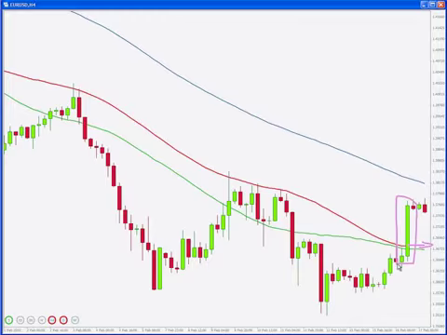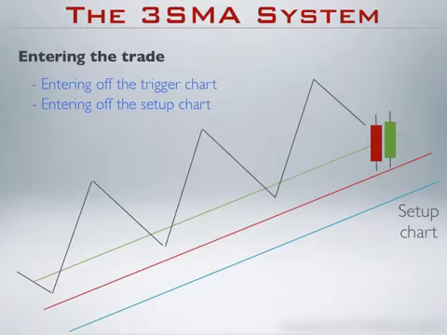This violent momentum-filled breakout, multiple bars closing above the dynamic area of support and resistance. All in all, at that moment, that's where I would stop searching for trades within this trend. Okay, I would simply search for other trends in some other currency pairs. All right. Well, that's pretty much it as far as taking trades of the setup chart.